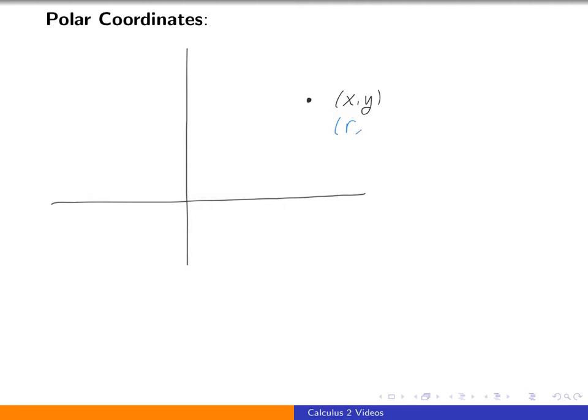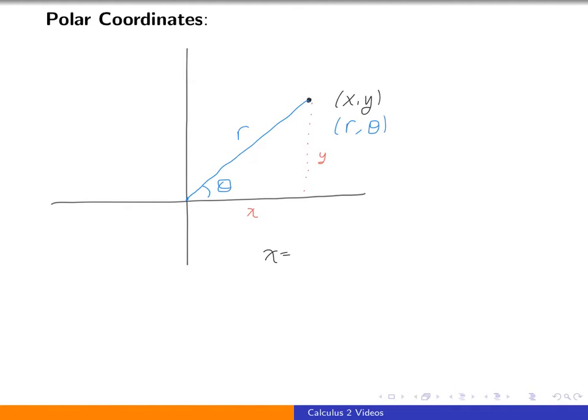I'm going to think of this point as being r comma theta, where r measures the distance the point is away from the origin, and theta measures this angle we get if we start at what was formerly the positive x-axis and rotate in the counterclockwise direction. Now, note in terms of just some basic trig, so we said we had x and y.